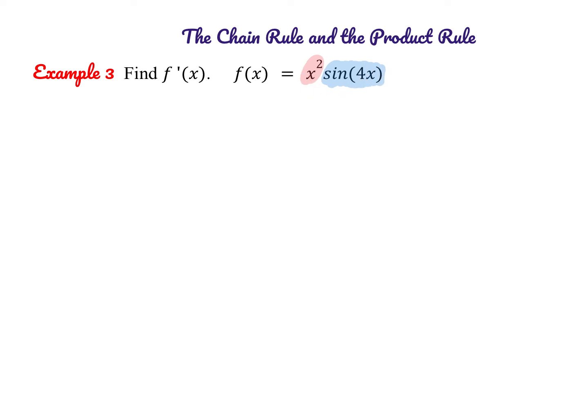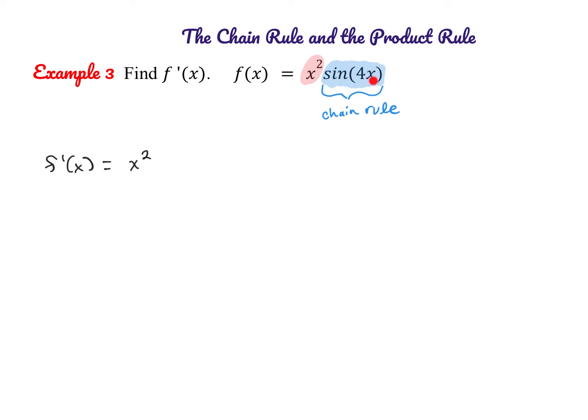And then within this portion here, we will need to use our chain rule when it's time to find the derivative of this portion. So remember, for our product rule, it's first function times the derivative of the second.